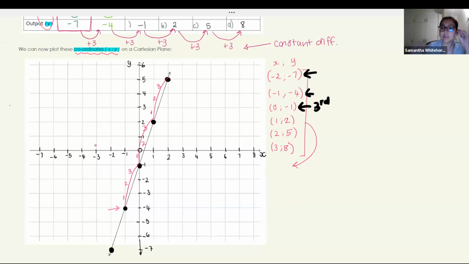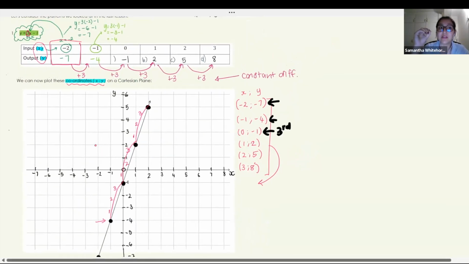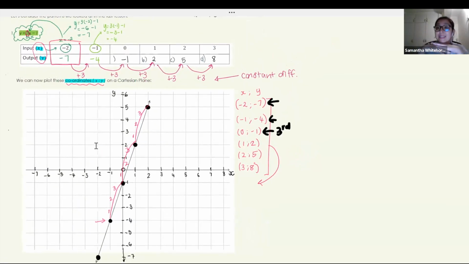And so that constant difference of 3, or that consistent adding of the same value every single time, is creating the straight line relationship for me. And this is why when we have a relationship where we're adding the same value every single time, we're going to get a straight line. Regardless of what the value is that you're adding or subtracting each time, you will have a straight line.